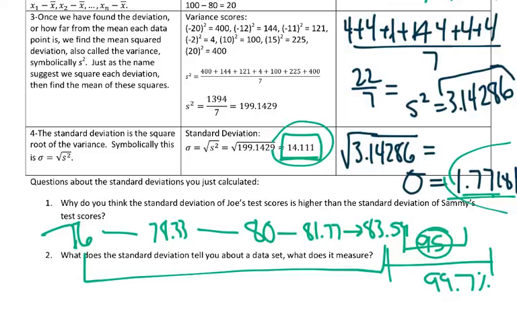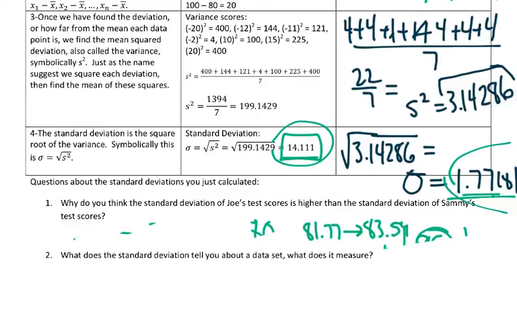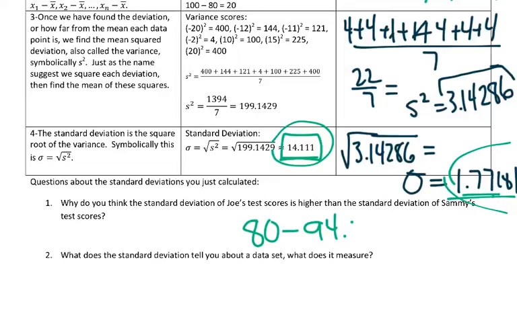Okay. Now if we look at Joe with his 14.11, that same idea, 95% of the time, 2 standard deviations away. So from 80, he goes up to 94.111, and then goes up to 108.222.